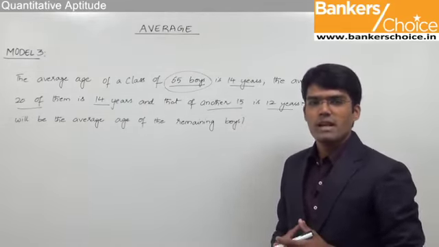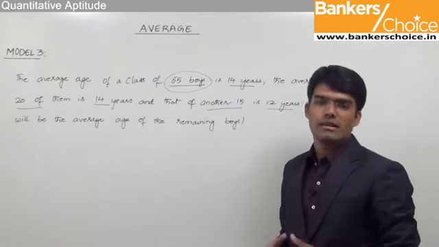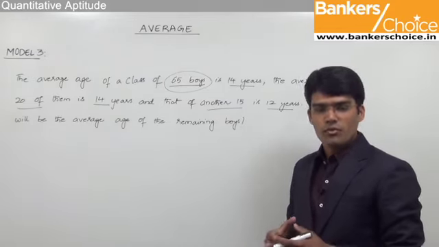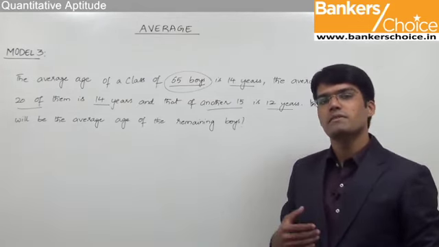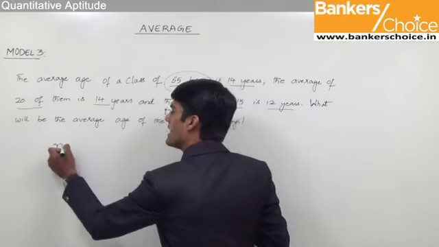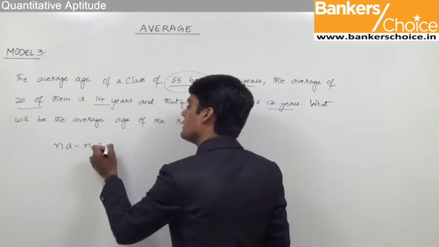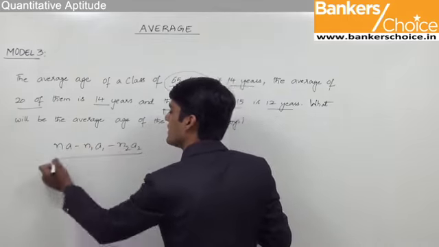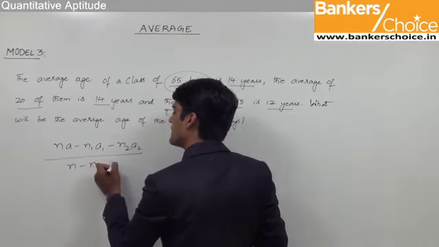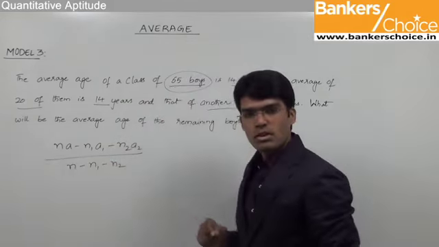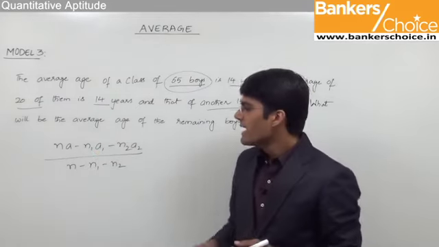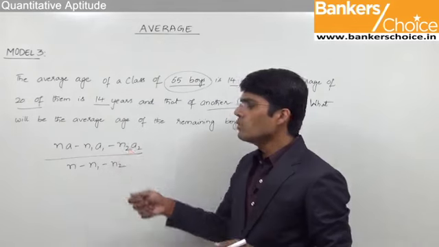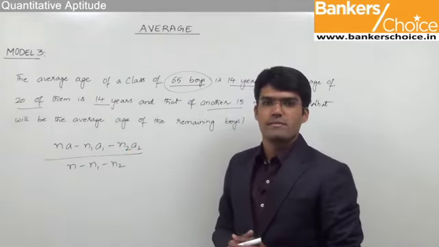We have just learned that when the average age of a whole class is given and the average of smaller groups of the class is given to us, then we can find out the average of the remaining students as NA minus N1A1 minus N2A2 divided by N minus N1 minus N2, where N is the total number of students, N1 and N2 are the number of students in the other groups, and A1 and A2 are the averages of these groups respectively.